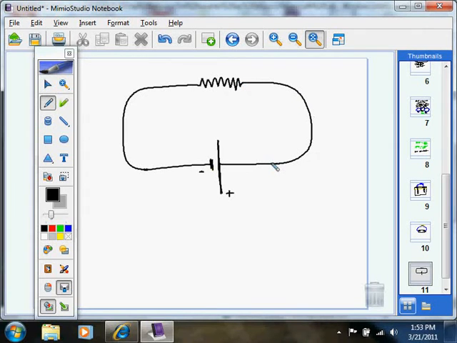We could represent that with a zigzag line because that's where it's really hard for the electrons to go through. So this here is the battery. That right there is the wire. This is called the resistance. It could be a light bulb, it could be a little electric motor, it could be a speaker, something that's using the electrical energy.